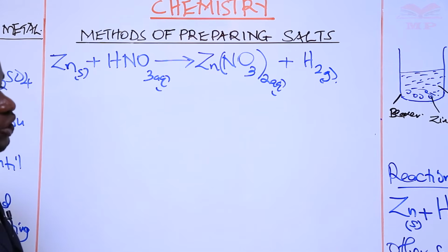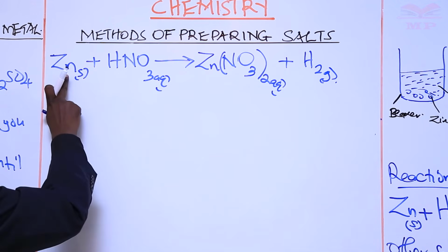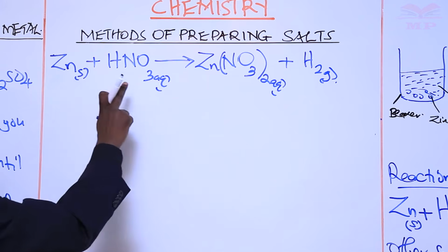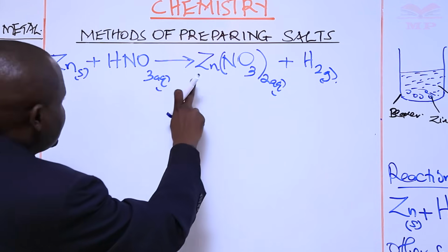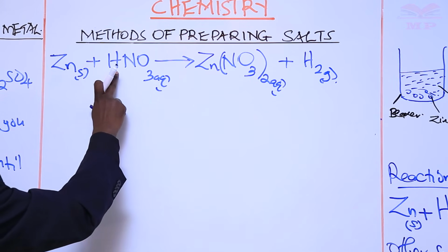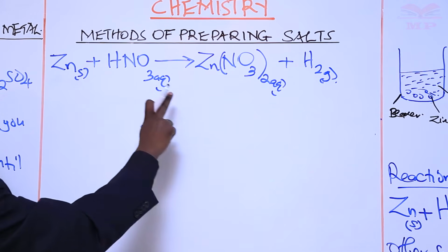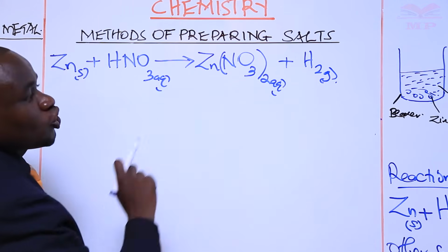Anytime you write an equation, always remember to balance. So this equation of ours is not balanced. We have to balance it. As you can see, we have 1 atom of zinc on the left and 1 atom of zinc on the right. That means zinc is balanced. Next, you check hydrogen. I'm having 1 atom of hydrogen on the left-hand side of the equation. This side has 2. So I have to make sure there are 2 on both sides.